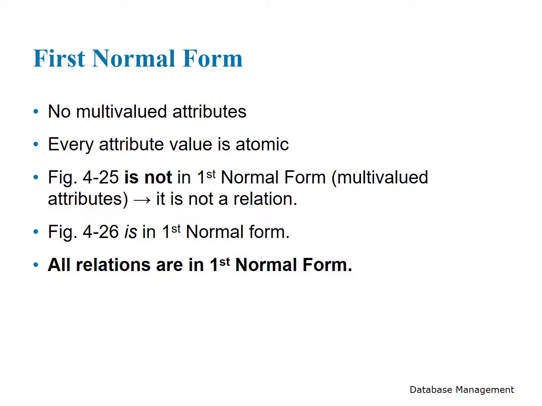Remove repeating groups. As you can see, the invoice data in figure 4-25 contain a repeating group for each product that appears on a particular order. For example, order ID 1006 contains 3 repeating groups corresponding to 3 products on that order.